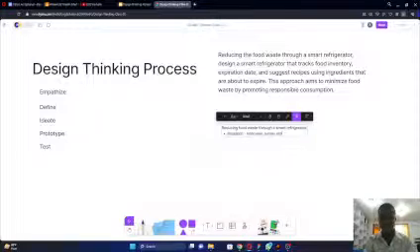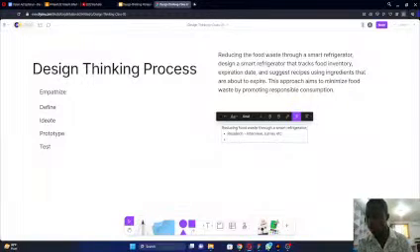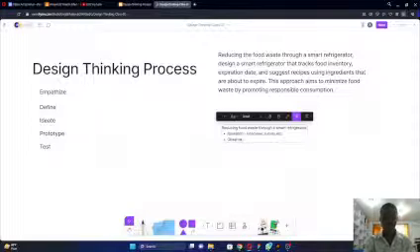Can you see my screen? You can see it. Now you need to observe these users. Individuals, their perspectives.